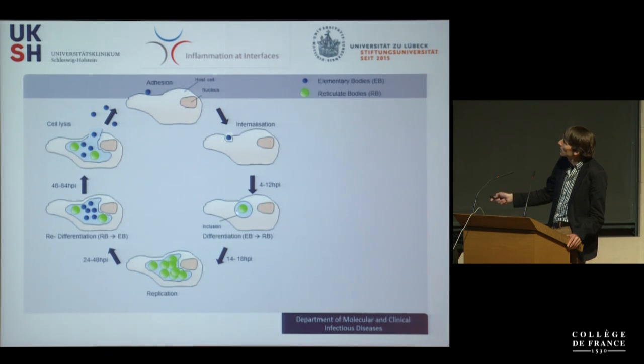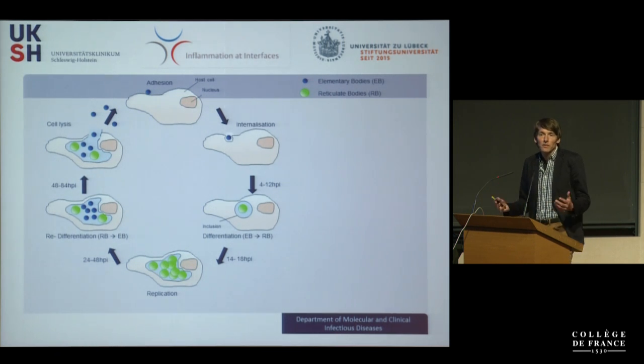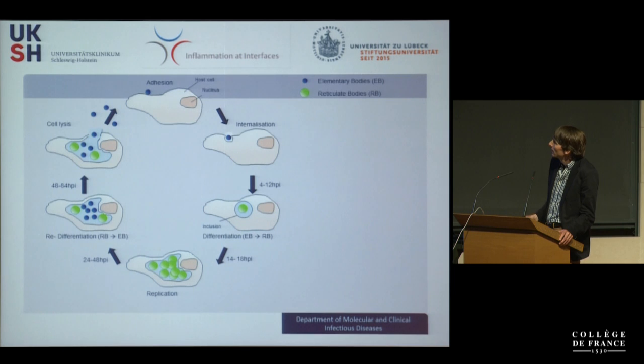There forms this typical inclusion, which is almost as large as the nucleus, where the reticulate bodies evolve, and these are supposed to be the really metabolic active phases of the pathogens. And if you let them just sit in the cells for 2 or 3 days, then this cell is filled up, where these reticulate bodies redifferentiate to these infectious elementary bodies, and then these cells get lysed, and you have a new cycle of infection.